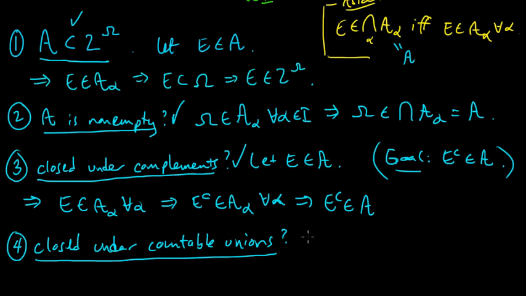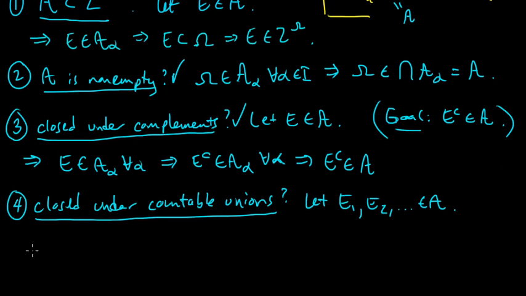So for this, we need to consider a sequence of sets, E1, E2, and so on, all in A. And we'd like to show that their union is also in A. So let's see. How are we going to show that the union is in A?